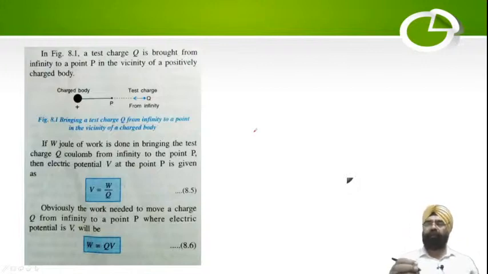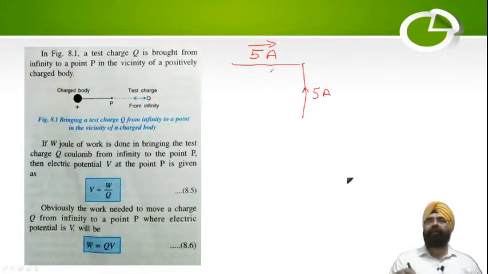I looked it up also after the class, as I have a habit of looking up if I am not answering something convincingly. I saw that we take it as a scalar quantity also because, suppose 5 ampere current is coming from this direction, and now suppose 5 ampere current is coming from this direction also.